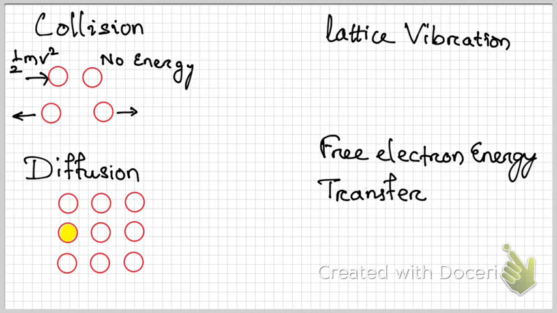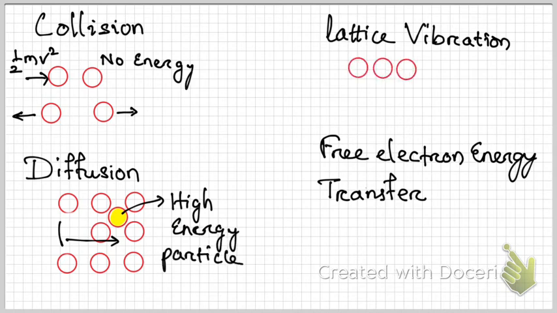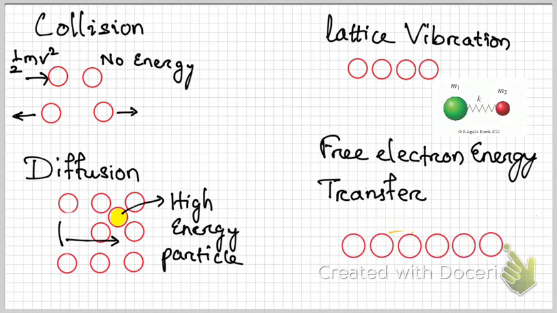Then these two particles move and this energy is divided between these two particles. In case of diffusion, we see this energetic particle is transferred from one place to another place. Similarly in case of lattice vibration, the particles vibrate with each other and with this vibration, energy is transmitted from one place to another point.